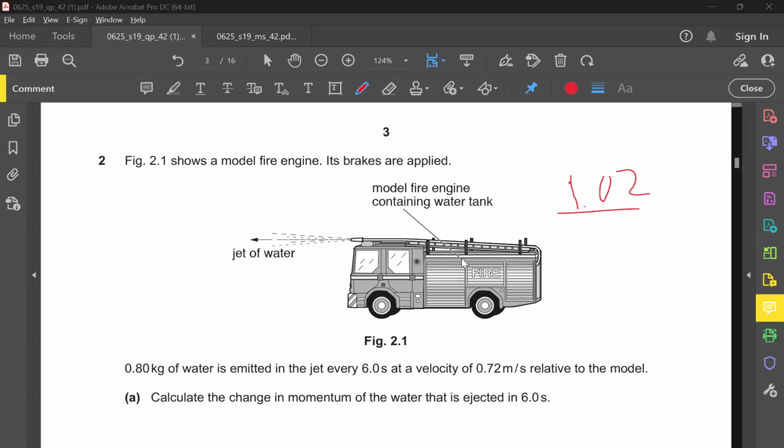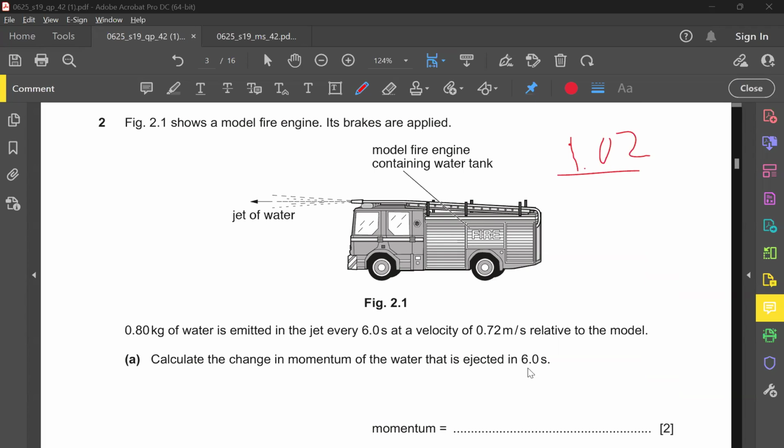Okay, anyways, calculate the change of momentum of the water jet ejected here. Guys, change of momentum is obviously mv minus mu, right? This is basically your m, this is basically your v, and it started off with the initial velocity of 0, right?